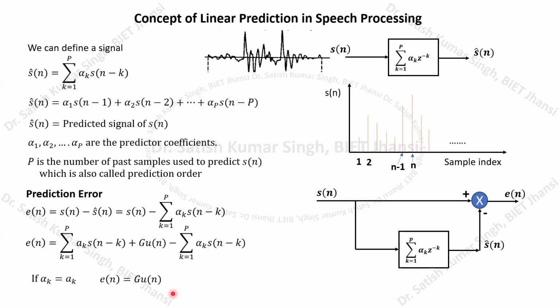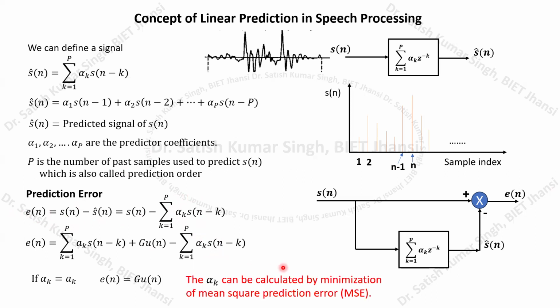So what we have to do is find out the values of alpha k such that this error can be minimized. Normally we are not just taking this error as En, but rather we have to minimize the mean square prediction error.